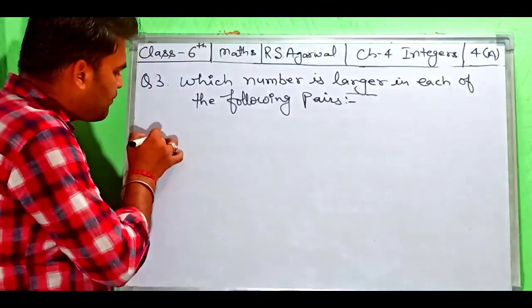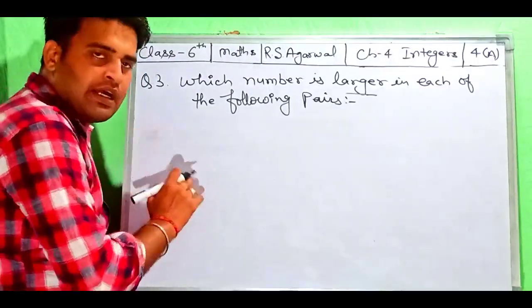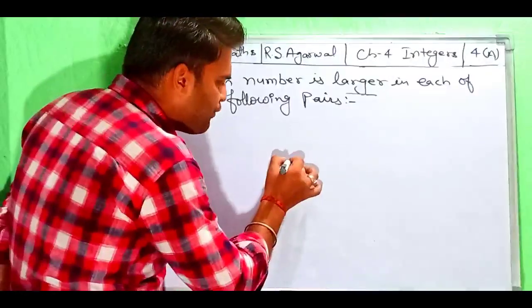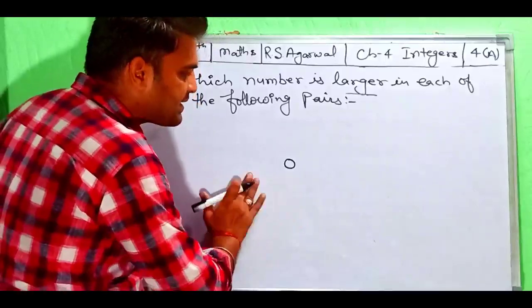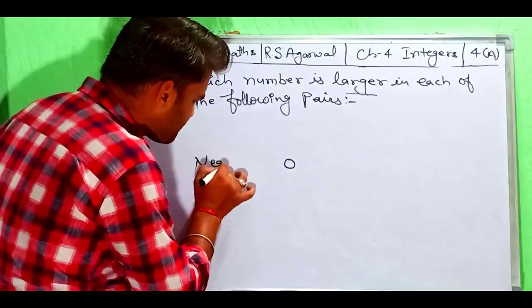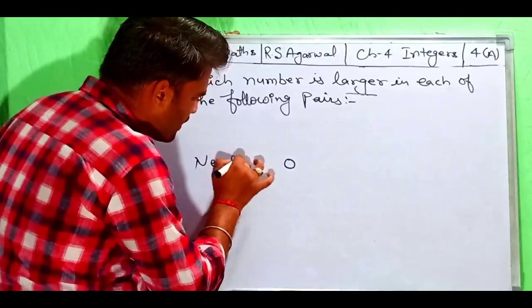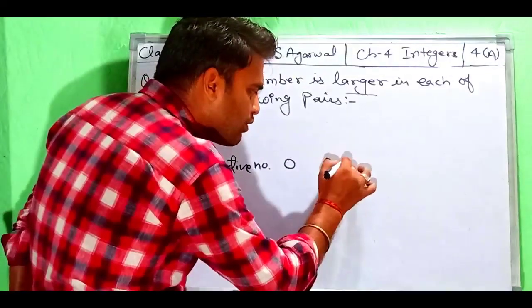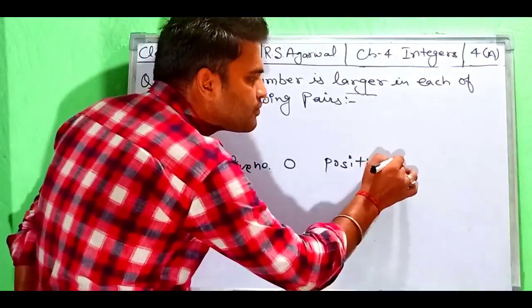If we are talking about the larger number and the smaller number, just look at one thing: if there is any negative number, 0 and positive number, look at the connection between them.